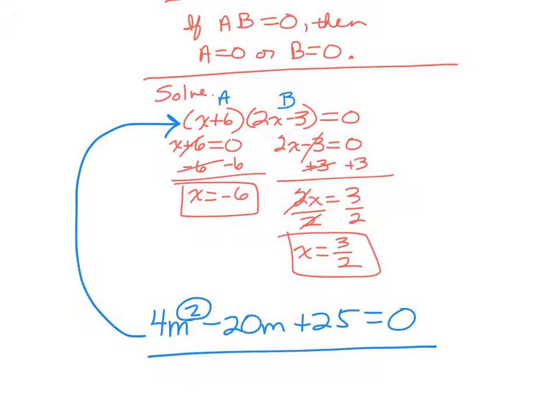Because if we can do that, if we can write it as something times something equals 0, then we can solve it in the same fashion that we solved this one. Okay, that's where we're headed. That's what we're trying to do. Now, the question is, how is that done?